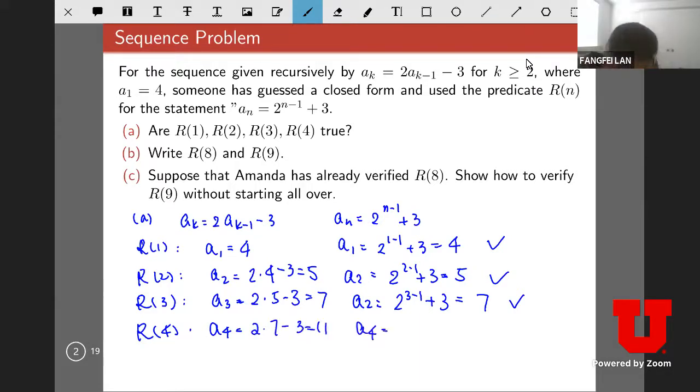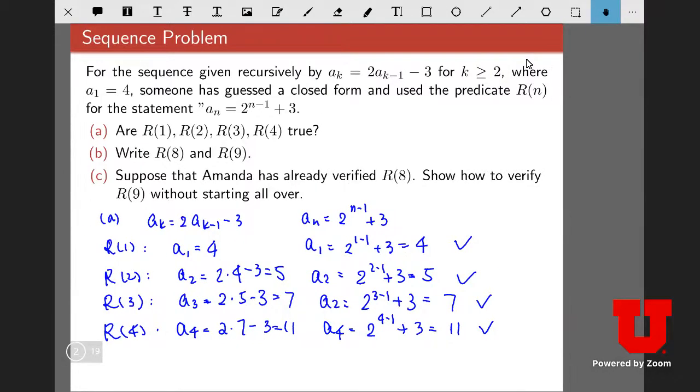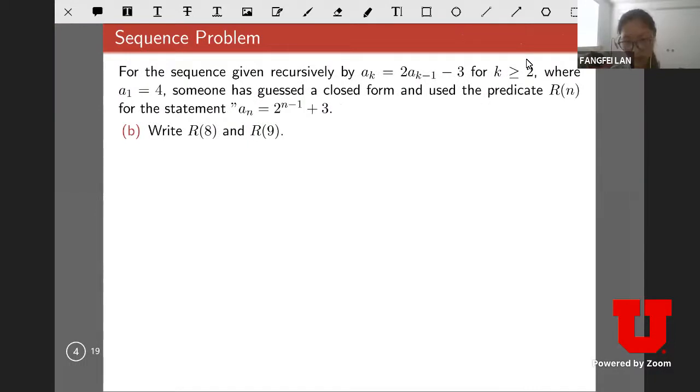And then on this side, we have 2^(4-1), so 2 to the third is 8, plus 3 is also 11. Yes. So they're true because the left-hand side is equal to the right-hand side, or more like the recursive formula is equal to the closed formula. So the first one is true. So we just solved this one. And then let's go for the second one.